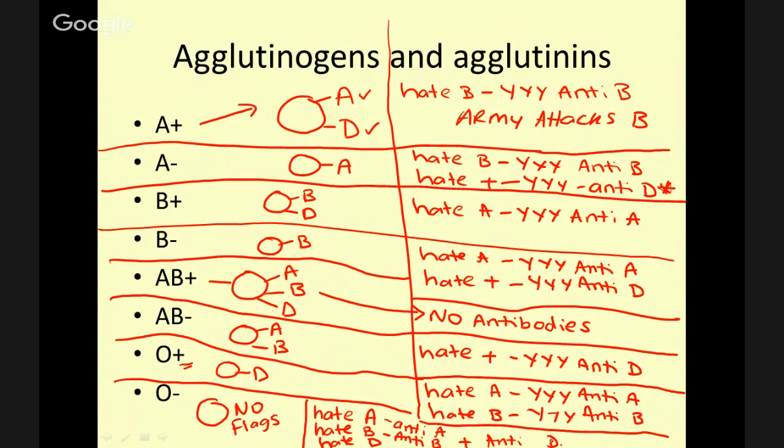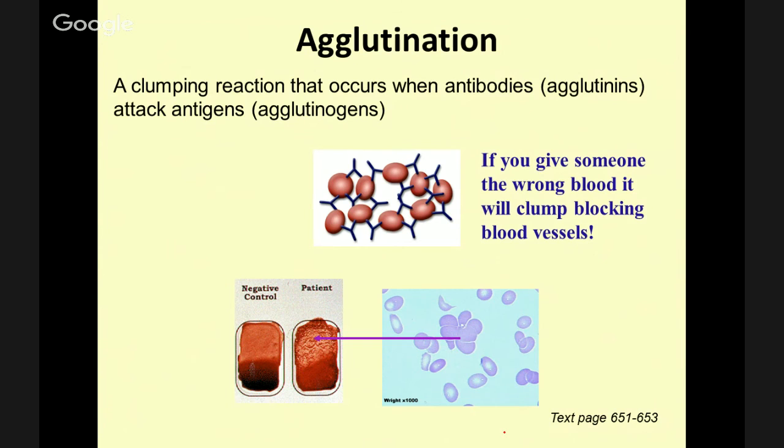So you've got antibodies against all the other blood types. So what's the only blood that a person who's O negative is going to be able to get? O negative. So it's bad to be O negative because we may run out of blood for you, but it's good to be O negative because you can be a good citizen donating lots of blood, and we always need O negative blood.